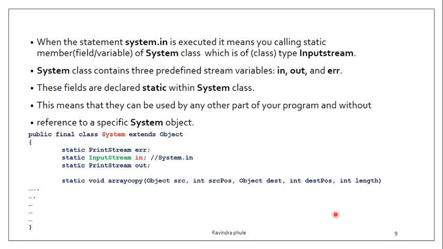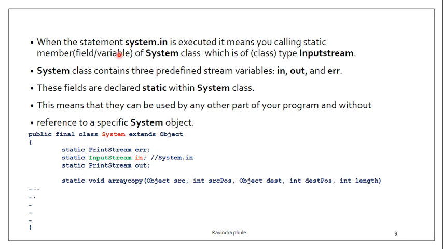Now when we execute System.in, what is happening at that time? We are calling a static member of the System class, whose type is InputStream, just as we have seen.